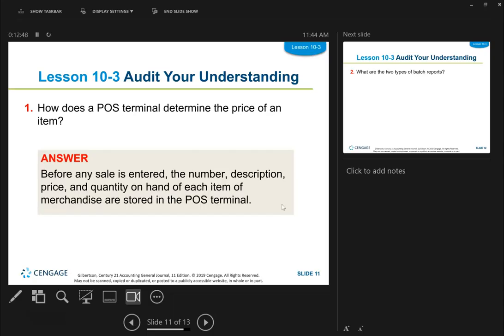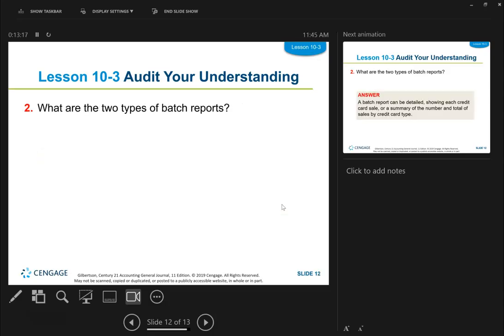So how does the point of sales terminal determine the price of an item? It's all recorded in there beforehand, right? It's like a computer terminal, so you tell it how much you're buying and it tallies it up for you, like a cash register if you've ever been to a store. Now it feels like even at fast food restaurants they have the display in front of you where you see the stuff being rung in and it batches out the price for whatever it is and the quantity and just totals it up for you, right?